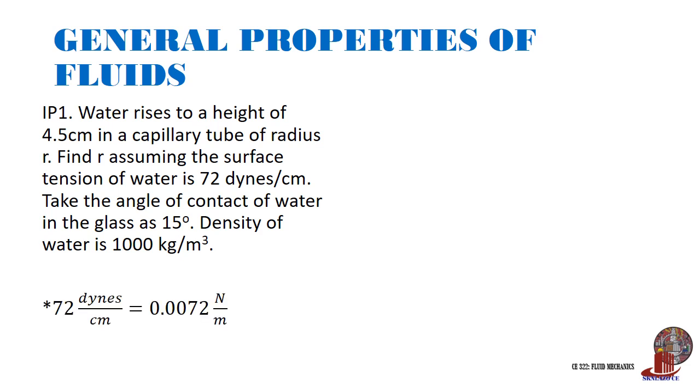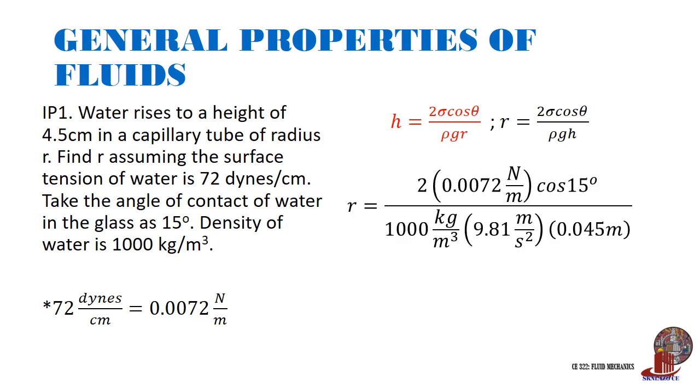Before we are going to plug in our values to the formulas, take note that 72 dynes per centimeter can be converted to 0.0072 Newton per meter. Having our formula, H is equal to 2 sigma cosine theta all over rho GR, we can extract R as 2 sigma cosine theta all over rho GH.